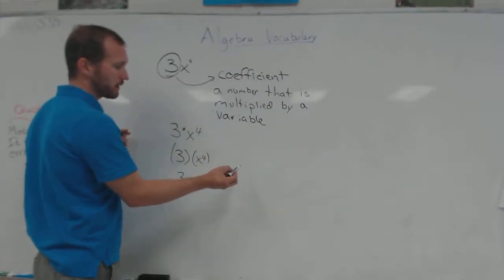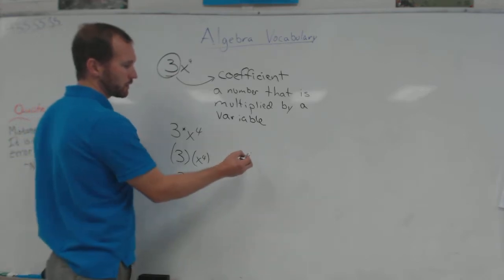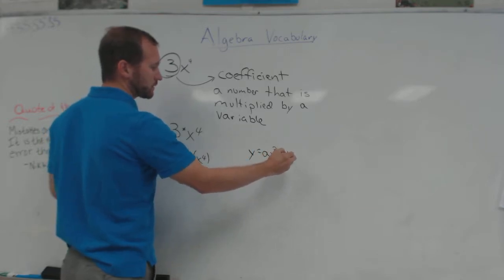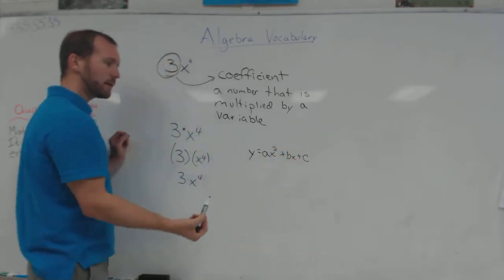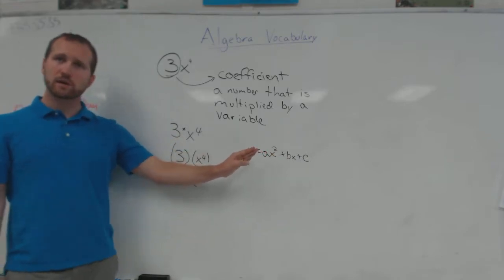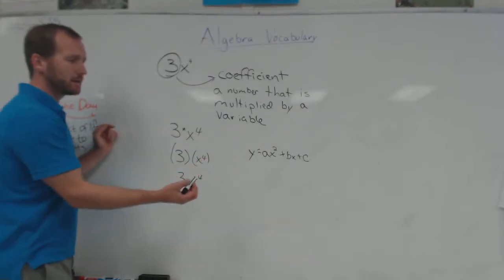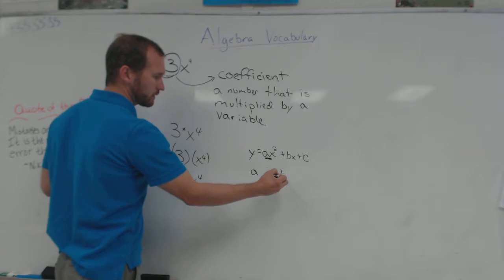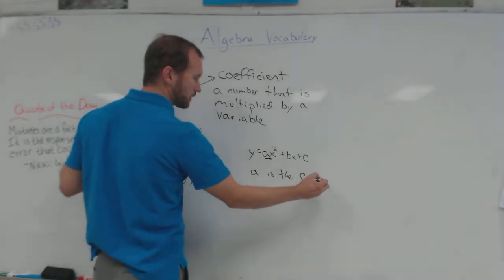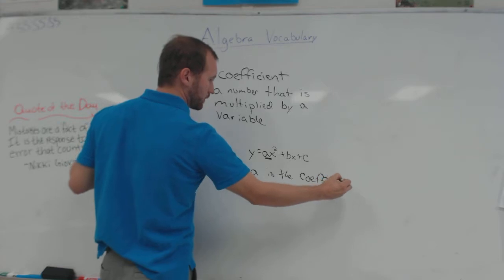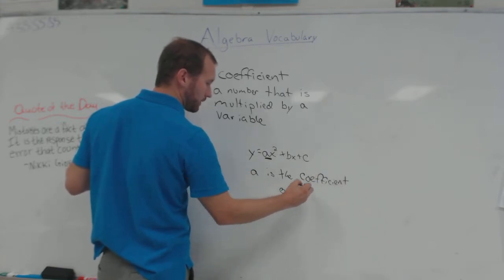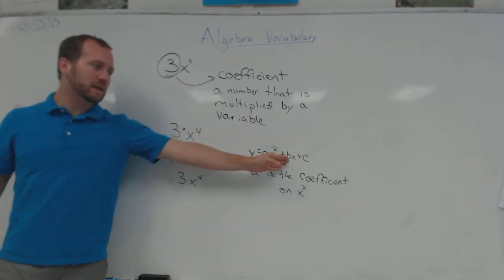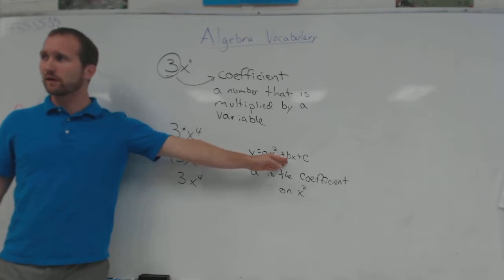And so if we look at an equation like y equals ax squared plus bx plus c, now that we know that x's and y's are usually used to represent variables, we could say that a is the coefficient on x squared, and we could say that b is the coefficient on x.